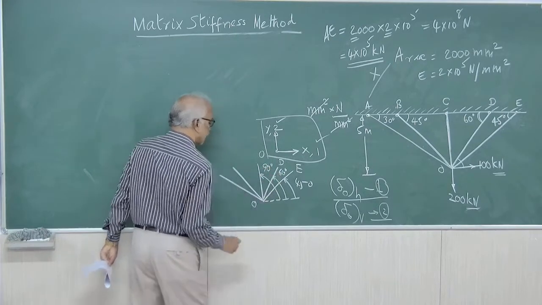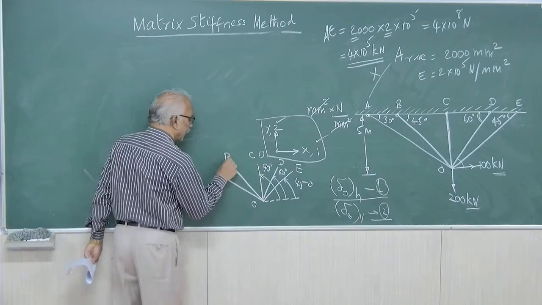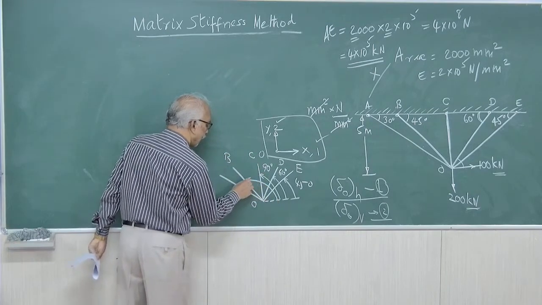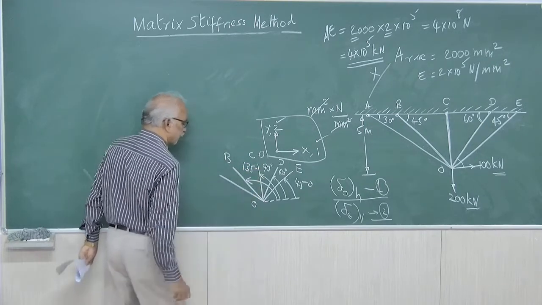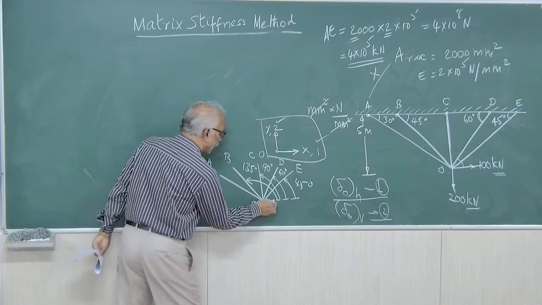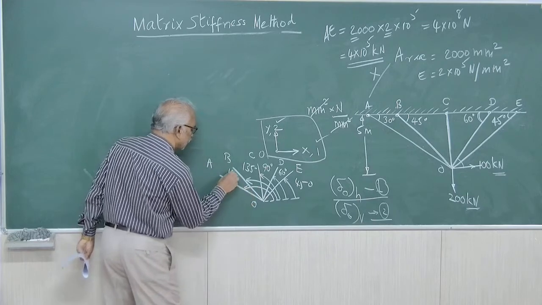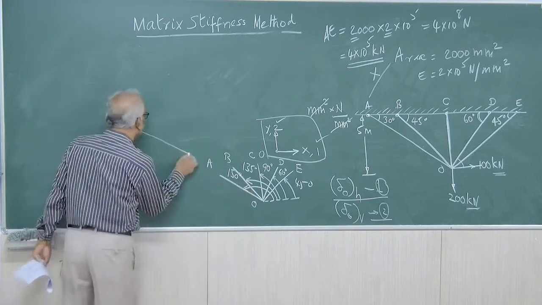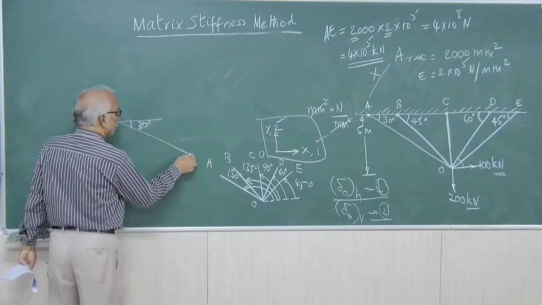For OB, this angle is 90 plus 45, 135 degrees. And for member OA, this angle from the x-axis is 150 degrees, because this is making 30 degrees with the horizontal.